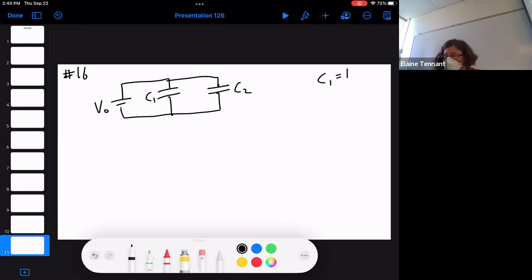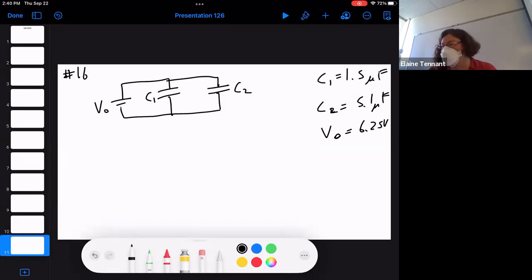They go ahead and give us the values of these capacitors in microfarads. C2 is 5.1 microfarads. And then, oh, look at that, they give us the voltage of the battery. Good. 6.25 volts. Okay. And then they'd like us to find things out about C1 and C2.